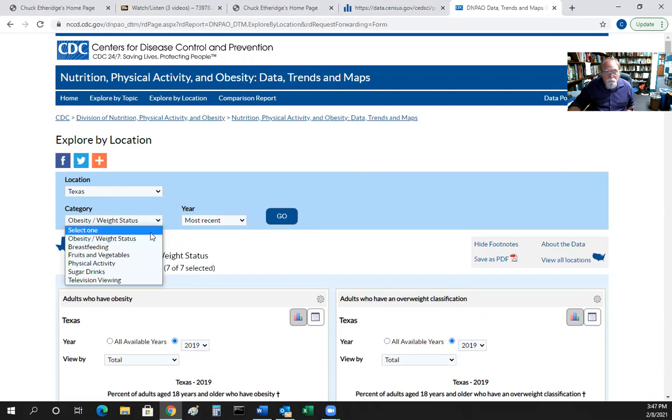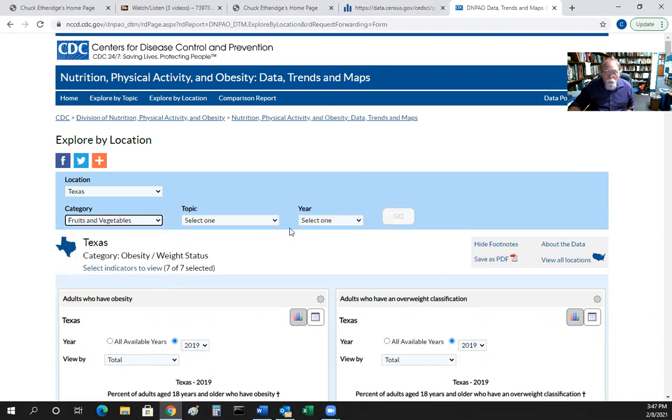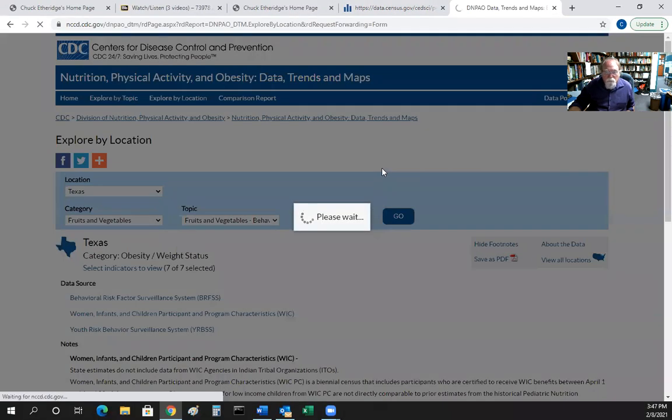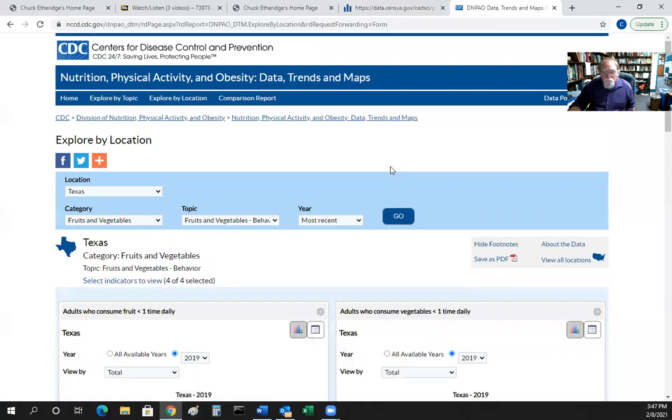Let's look at fruits and vegetables. Fruits and vegetables, and we need to look at behavior. So we looked at fruit, vegetables, behavior, and then most recent. Okay, and we get the little wheel of death.